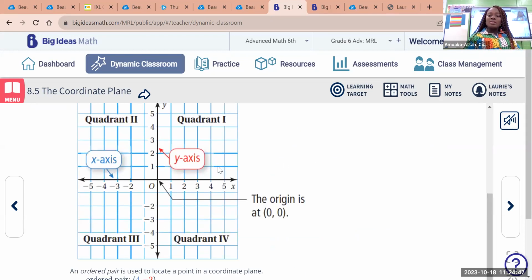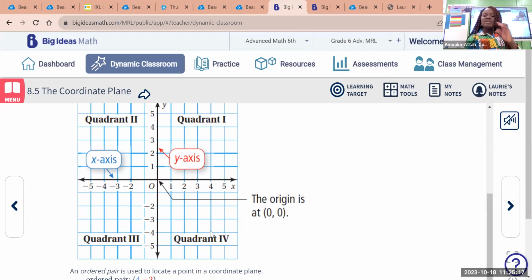This is the horizontal line, and that is our x-axis. Our vertical line becomes our y-axis, and they intersect at the origin, called (0, 0). They separate into 4 quadrants: the first quadrant, the second quadrant, the third quadrant, and the fourth quadrant.